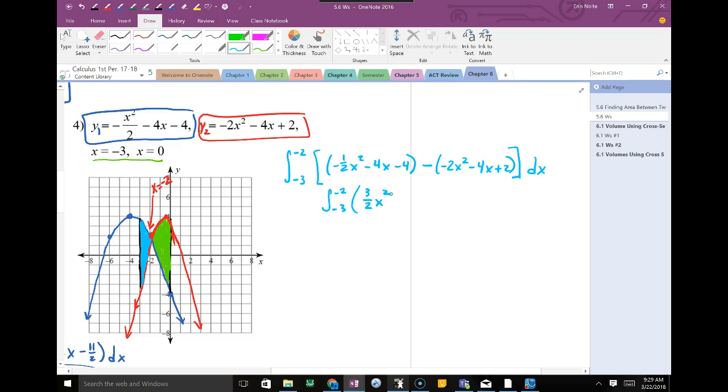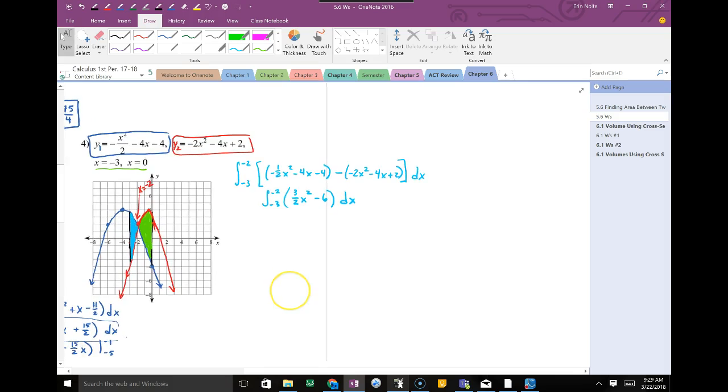What's -4x minus -4x? -4 plus 4 is 0, so those go away. That's nice. What about my constant? What's -4 minus 2? -6. Good. So that looks way nicer.